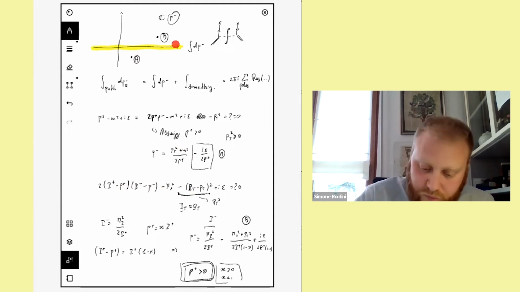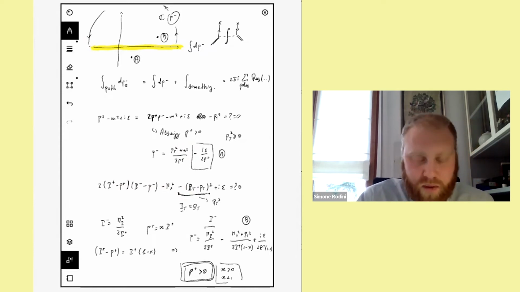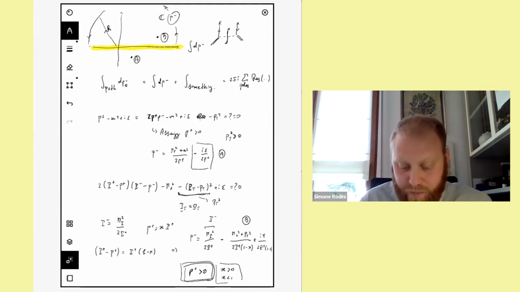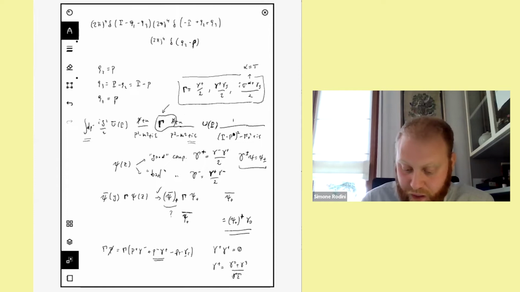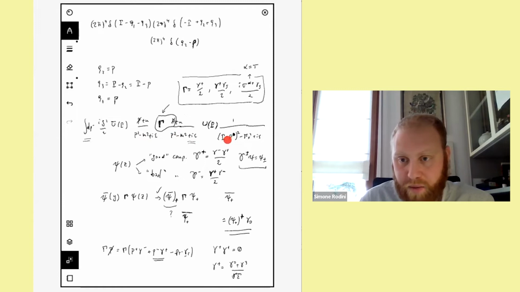So what you can do is deform your integration path, closing it with a semicircle with radius capital R. It doesn't really matter. You see that this complex function goes like p minus, p minus, p minus for large p minus, right? The numerator, I just said, does not contain anything.